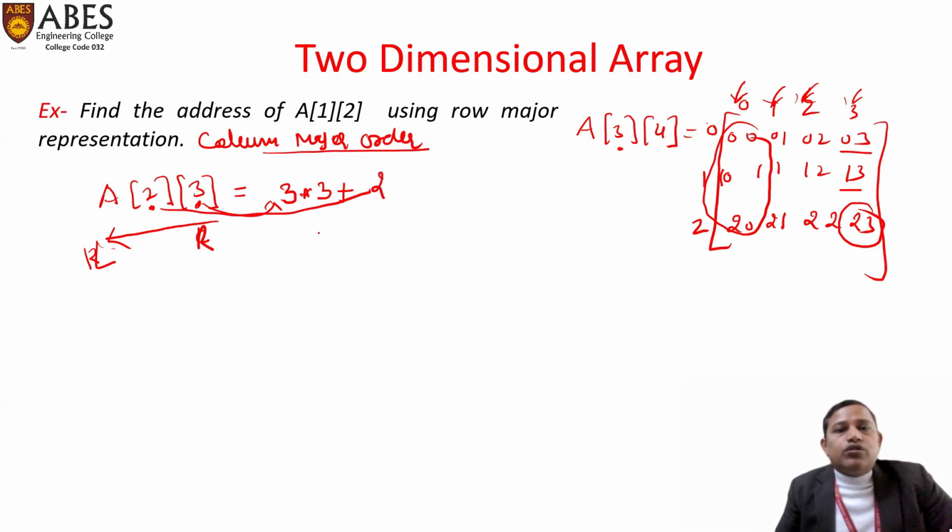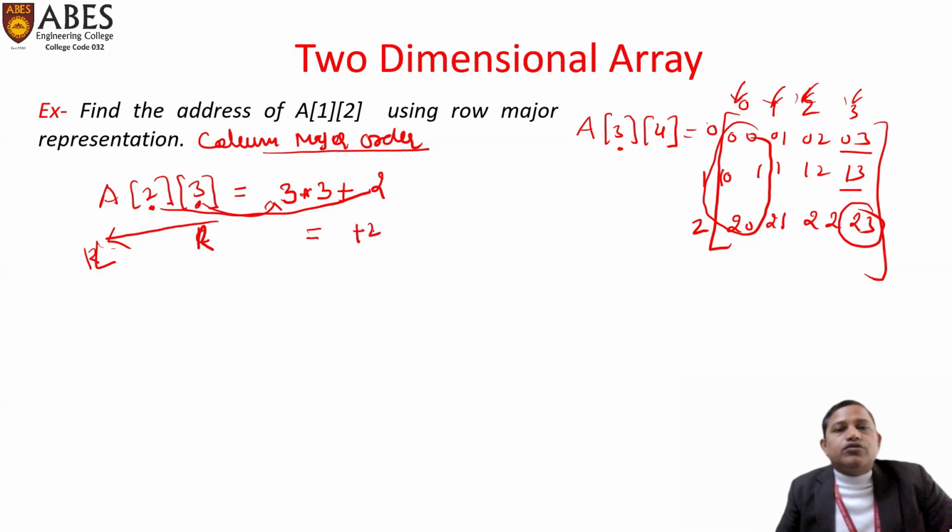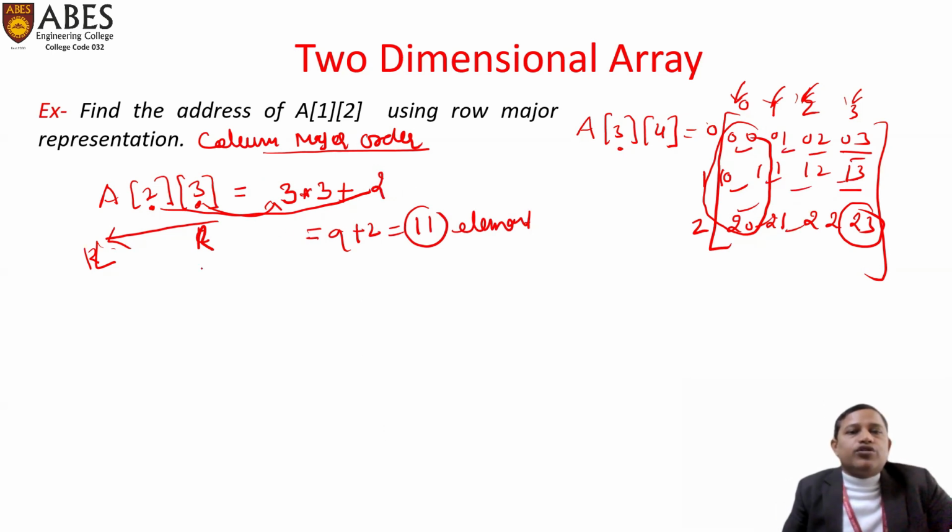So what is the location? 3 into 3, that is 9, plus 2. Means you have to cross 11 elements, then you will find the location of a 2 3. Now calculate 1 2 3 4 5 6 7 8 9 10 and 11. This is the column measure order.